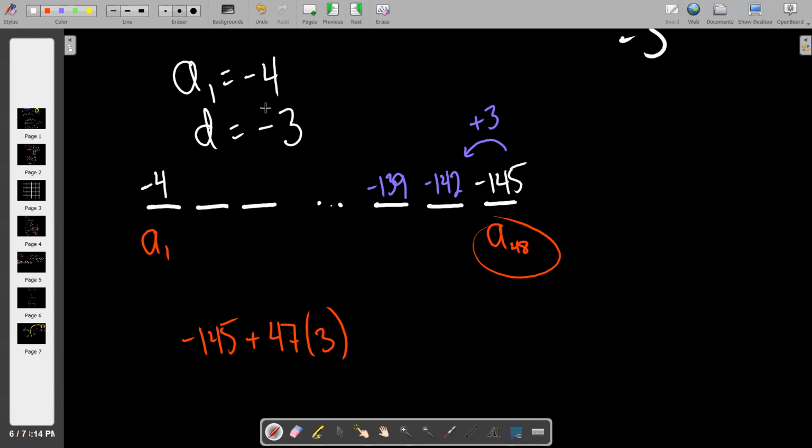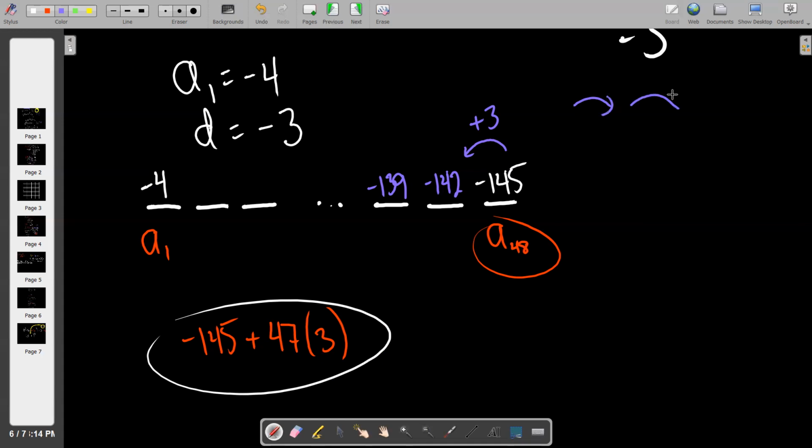Follow my purple arrows: when you're going this way, it's -3, -3, so obviously if you go the other way, it's the opposite.